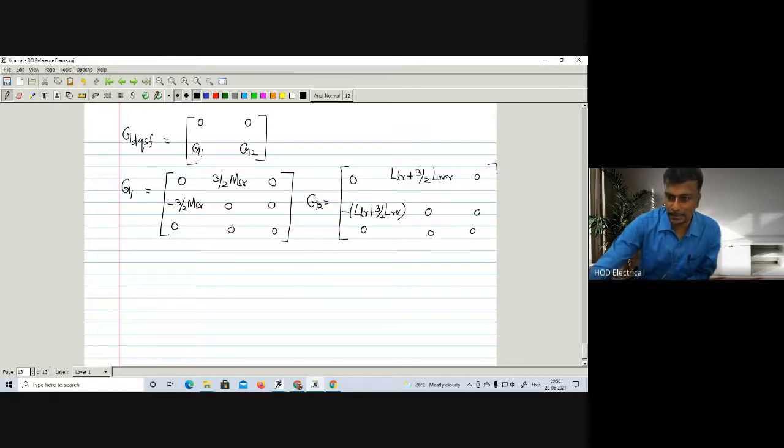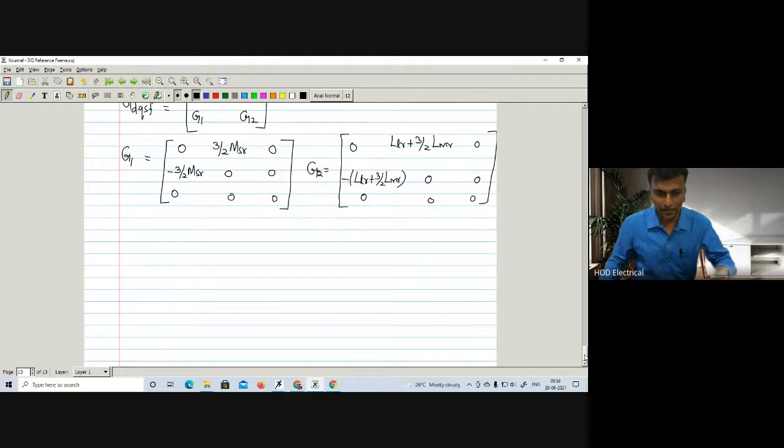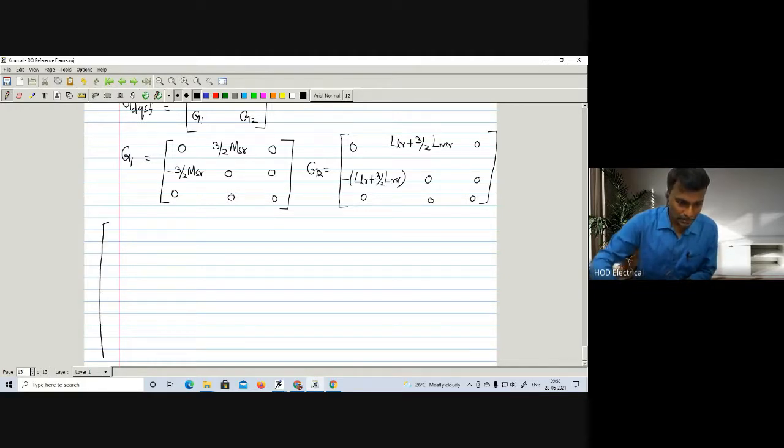This is the G2 matrix. Finally, we can write this entire equation as a 6 cross 3 matrix of the voltage equation. I will write this voltage equation directly.